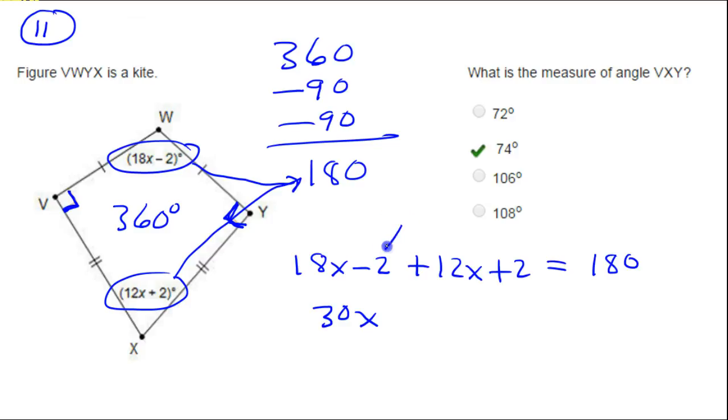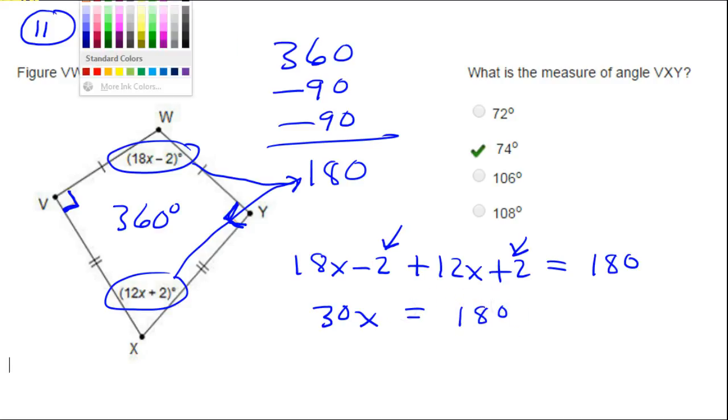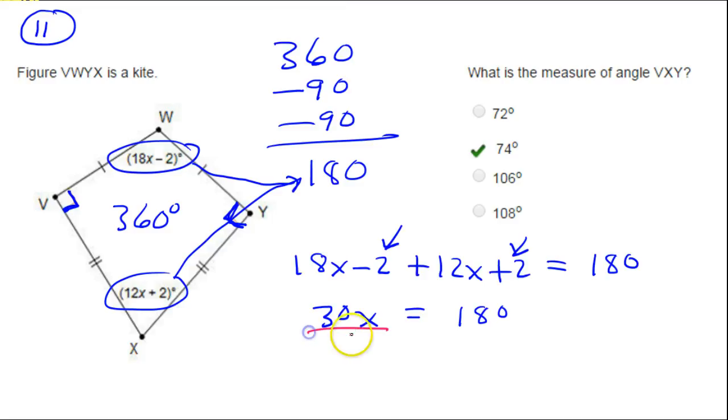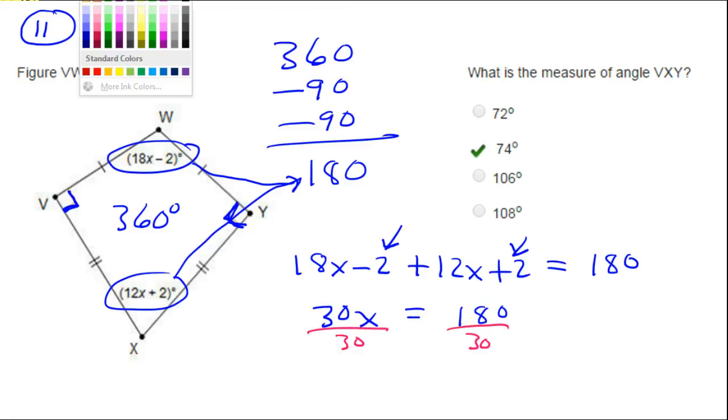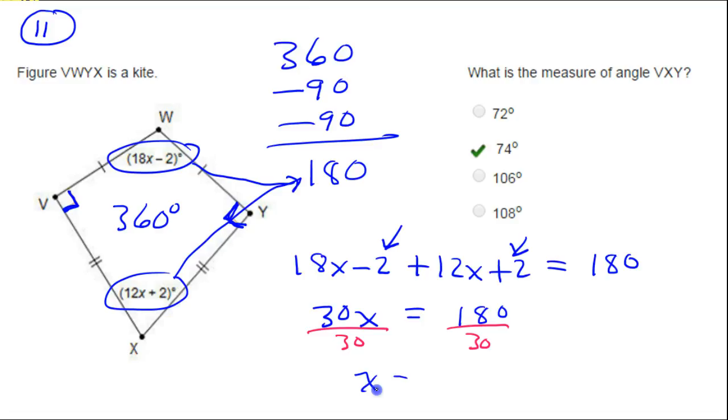Oh look, the minus 2 and the positive 2 just cancel each other out. So 30x is equal to 180. And then I'm going to divide by 30 on both sides. So that's 6. So x is equal to 6.